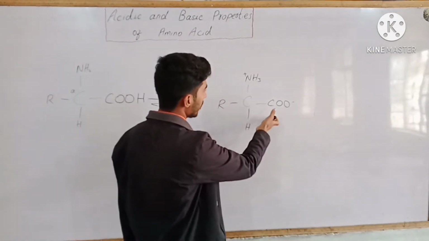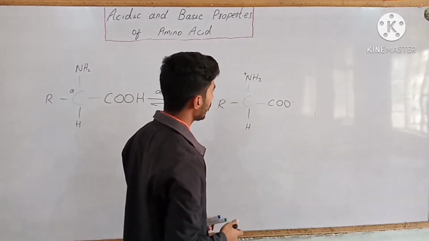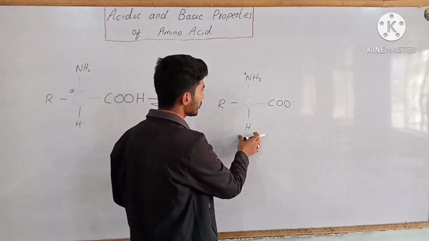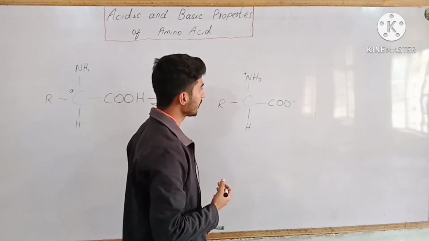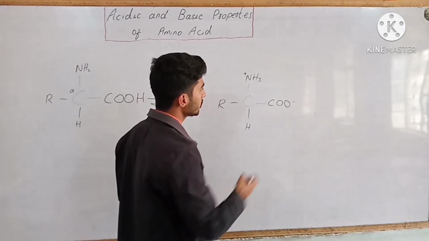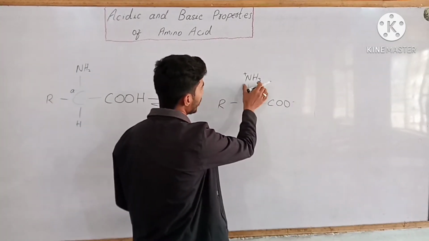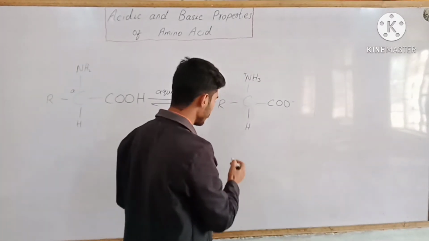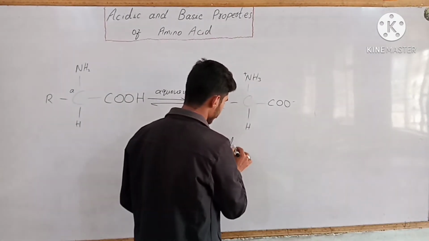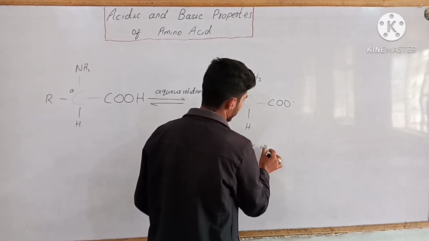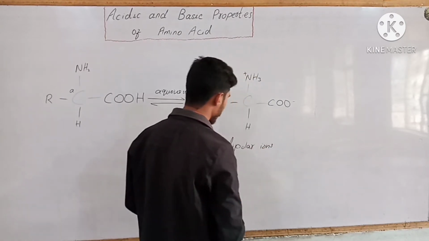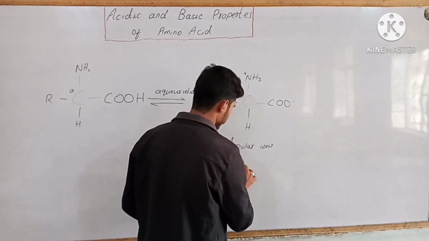Now this is known as a Zwitter ion or dipolar ion, meaning it contains two poles, a negative pole and a positive pole. It is also known as a Zwitter ion.